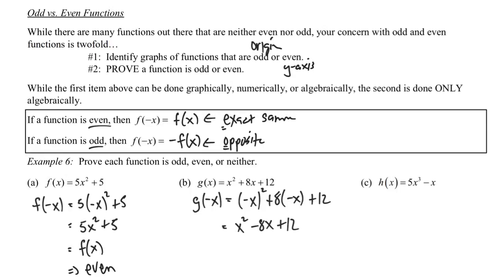Is this the exact same function that we started with? No. Is it the opposite of the function that we started with? Well, that would be negative x squared minus 8x minus 12. That's not what we ended up with.